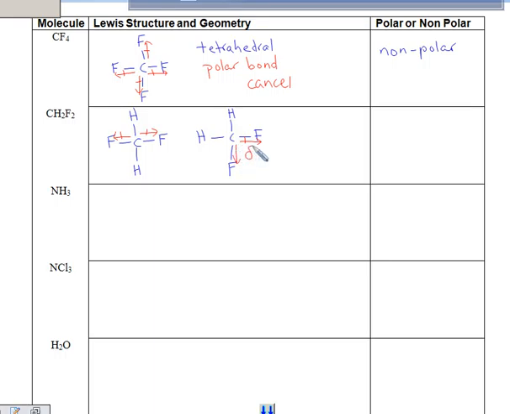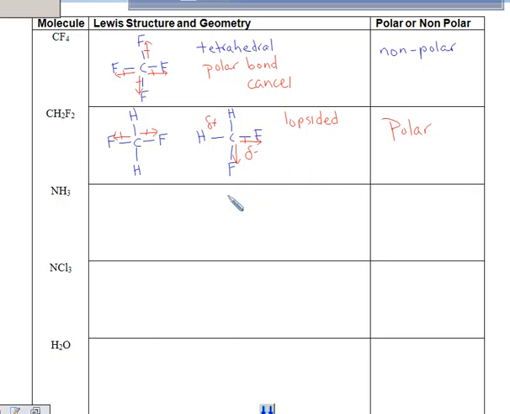So in this region here we have a partial negative charge, which means over here we have a partial positive charge. So what we have here in reality is a lopsided molecule. And if it's lopsided, that means it's going to be polar.